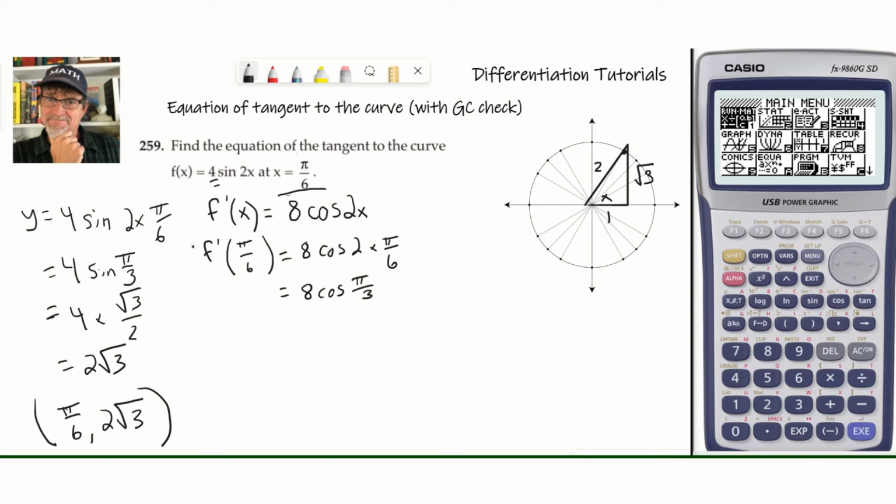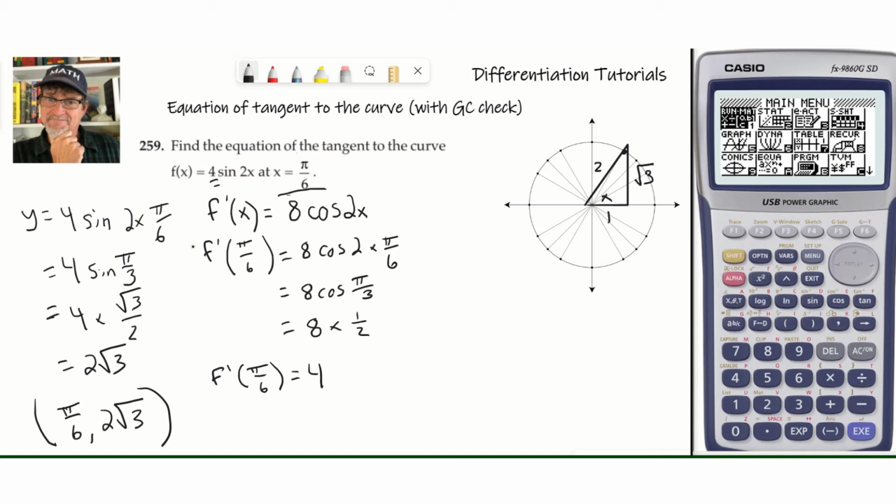All right, back to the unit circle. If the sine of pi over 3 is square root of 3 over 2, I hope you can see here that the cosine of that angle is 1/2. So we have 8 times 1/2. So the gradient at pi over 6 is 4. We've got a point and we've got a gradient.